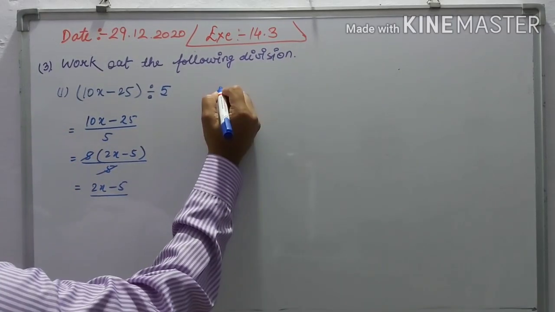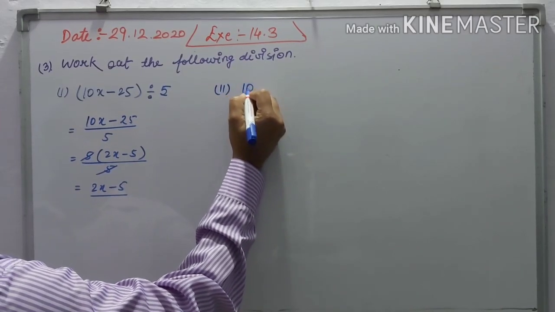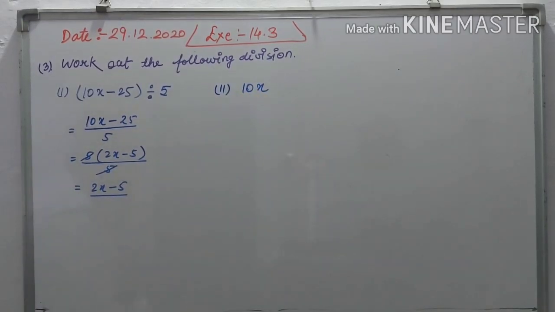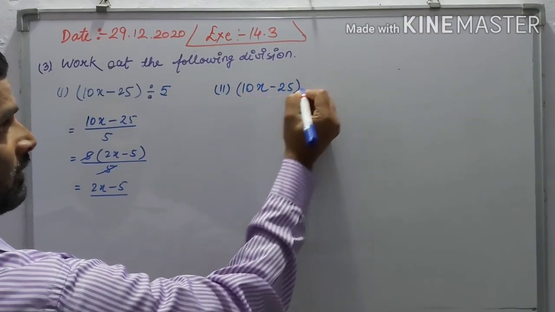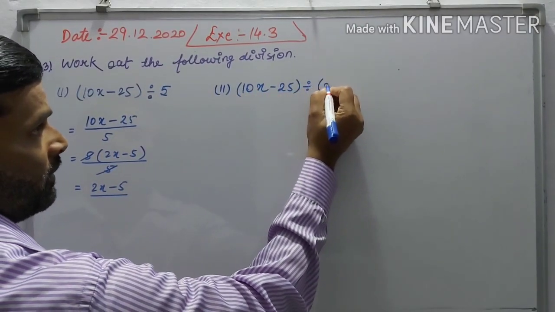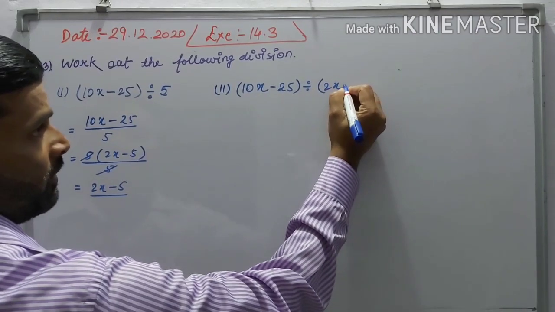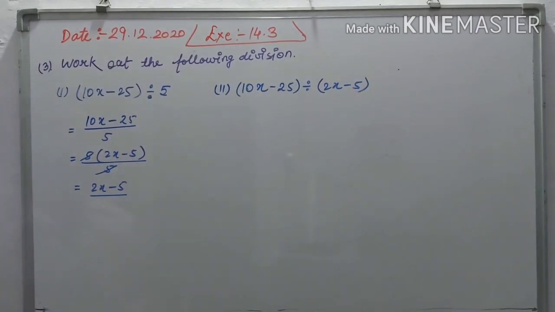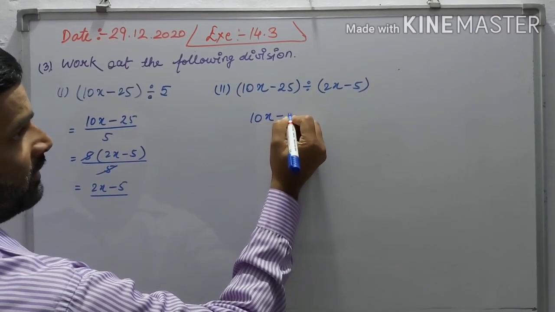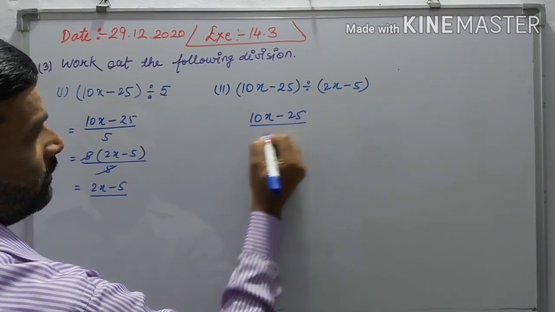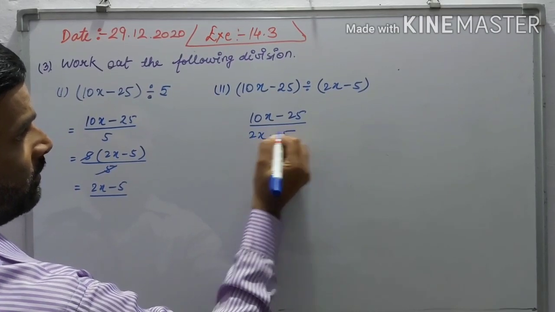Now the second is 10x minus 25 divisible by 2x minus 5. Now write 10x minus 25 upon 2x minus 5.